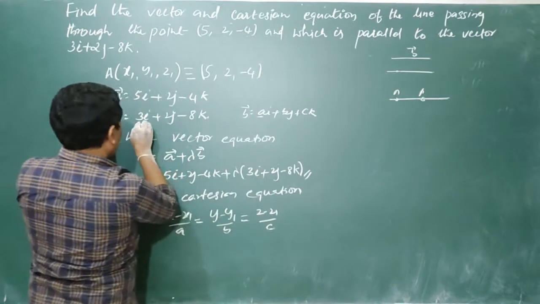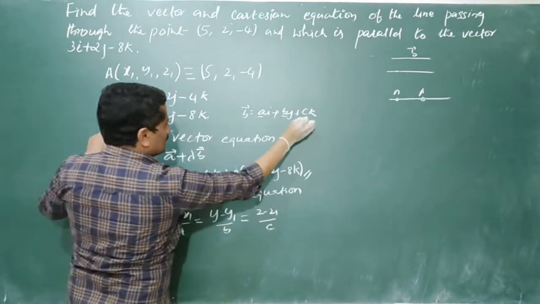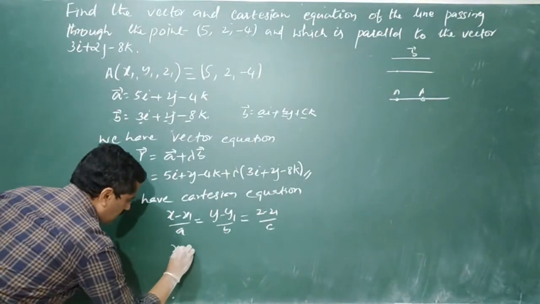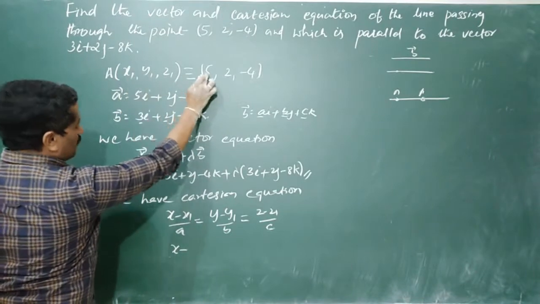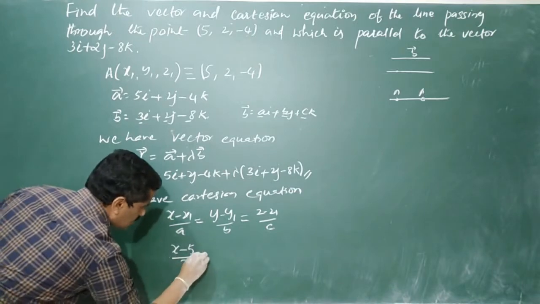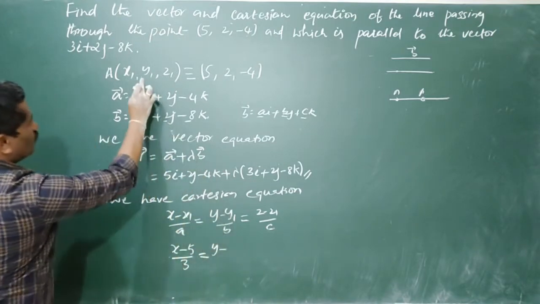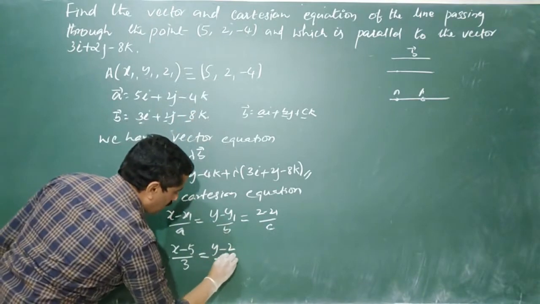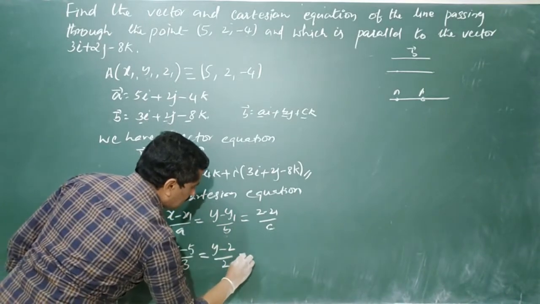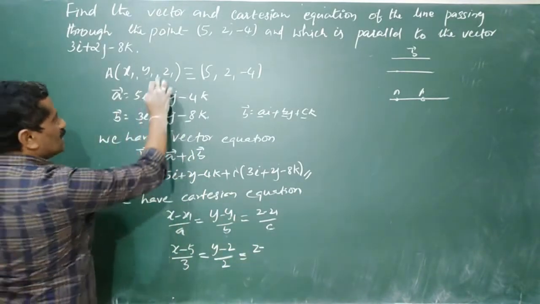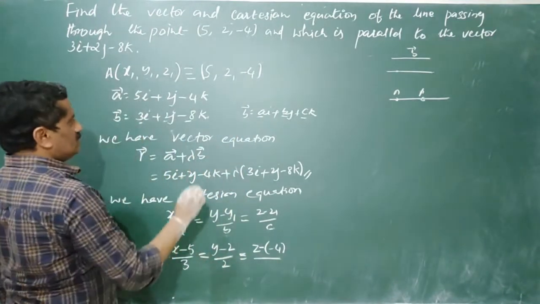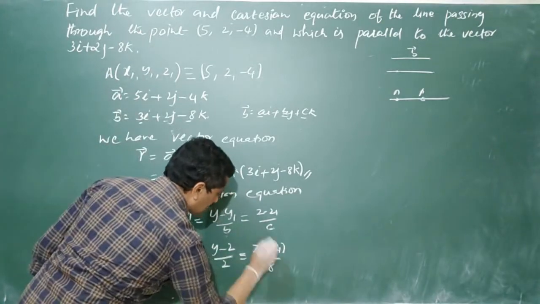Therefore what is a? We have 3. What is b? We have 2. What is c? We have -8. Substituting the values, x - x1, what is x1? That is 5. So (x - 5)/3 = (y - 2)/2, where y1 is 2, and b is 2, = (z - (-4))/(-8).